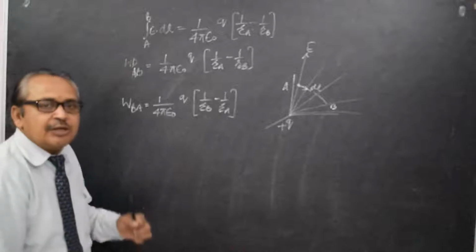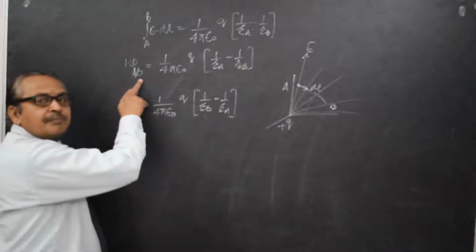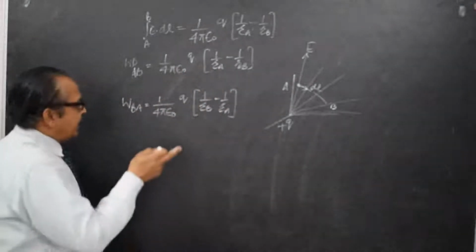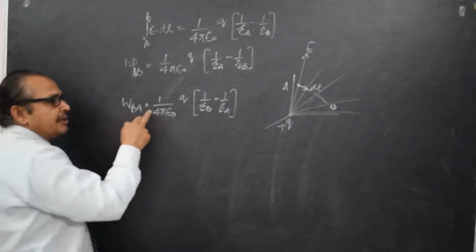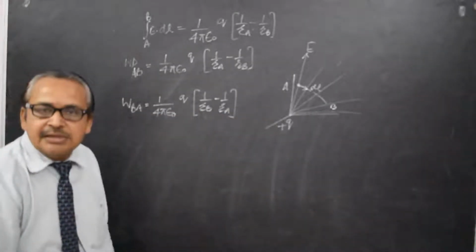This was also explained to you. If we are moving from A to B, it will be RA minus RB, and if we are moving from B to A, it will be RB minus RA.